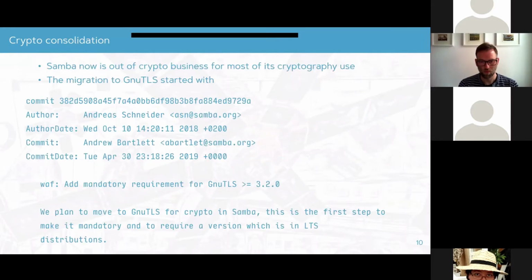And so this all started with two ideas. One of them is that we really need to have control over how we use crypto in Samba. And one of these is to get rid of the internal implementations of as many algorithms as possible. The reason for that is that in FIPS mode, if you really want to certify your environment as a FIPS environment, you can only use crypto implementations that are FIPS validated.